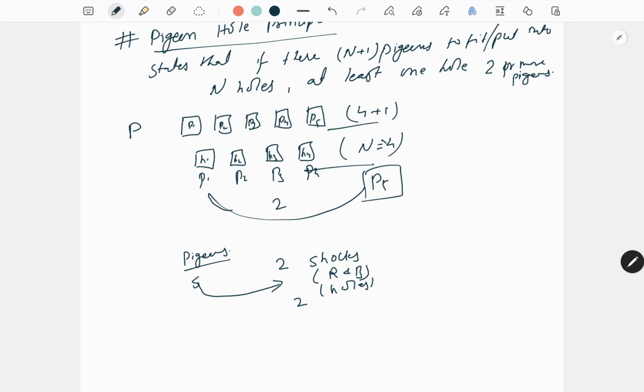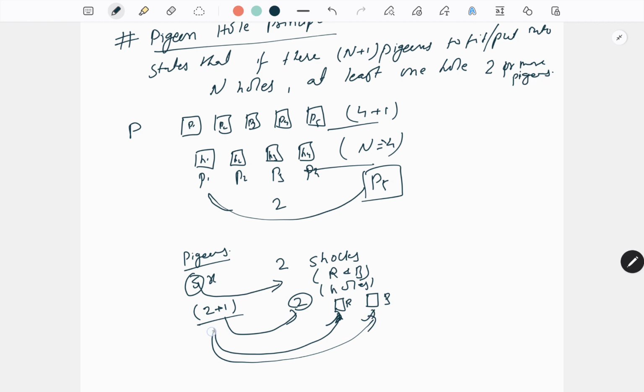So in order to put x number of pigeons into two holes, you would need n plus 1, that is 2 plus 1 pigeons, to put it in a way such that you get at least 2 pigeons or at least 2 socks of the same color, red or black. You get one sock and put it here, you get another sock and put it here, and again you get a sock, which is either red or black.